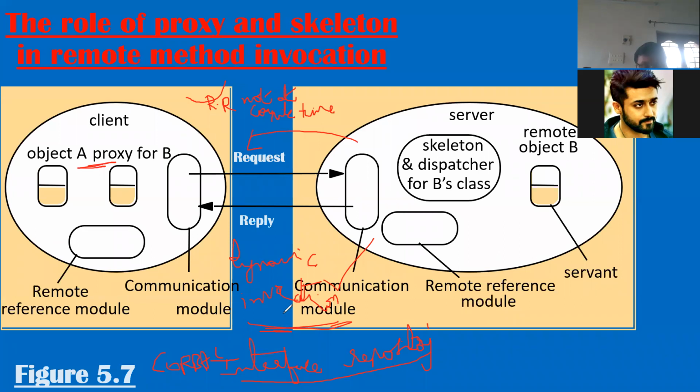A client that uses dynamic invocation is able to address this challenge. Some remote references are not available at compile time for the client to execute, so those remote references are provided through dynamic invocation. That means we can provide those remote references at runtime. This is about dynamic invocation.